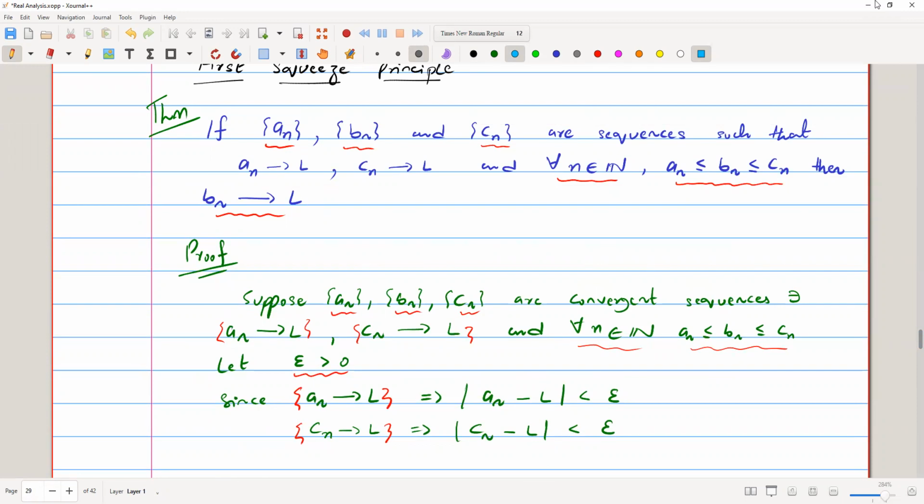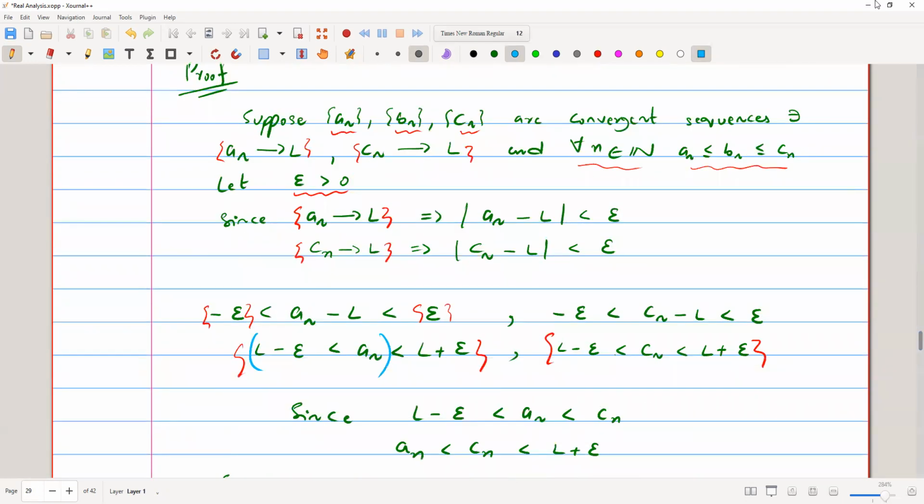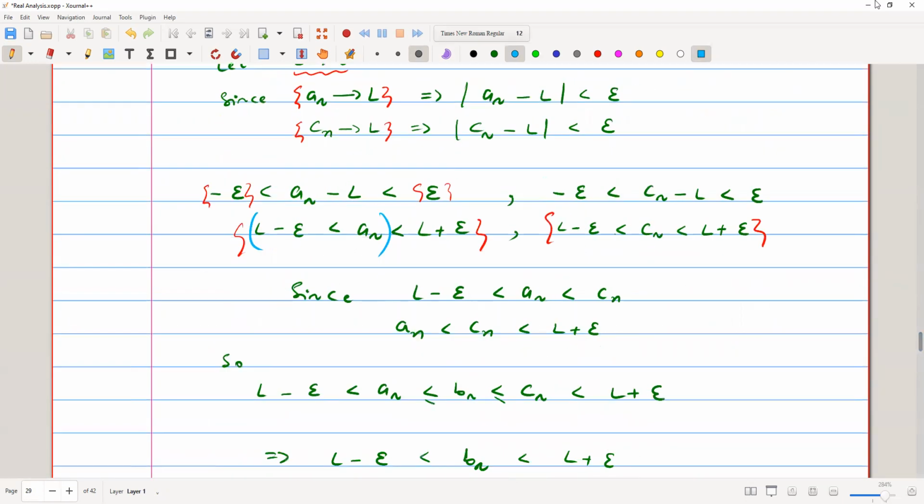Therefore, An is less than Cn. And so if An is less than Cn, then we have here Cn is less than L plus epsilon. So we can take these two conditions and then write that Cn is greater than An and it's less than L plus epsilon.